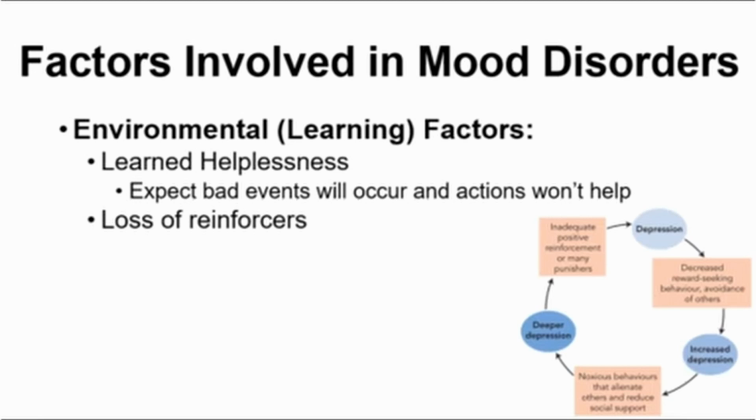And so the depression increases. And now we're starting to see that maybe you're behaving moodily because you're in such a bad mood. And now you're going to start alienating others with those behaviors, meaning that you are then even more fully removed from reinforcers and events that might help. So even deeper depression. And then because you don't have positive reinforcement, it's all cycling together.